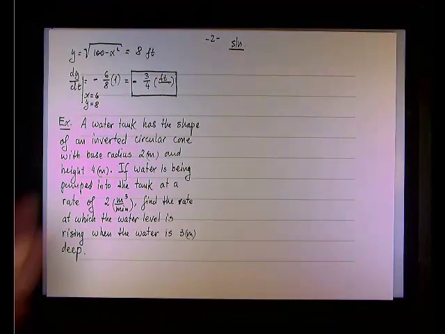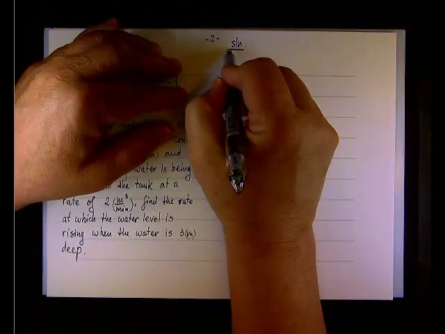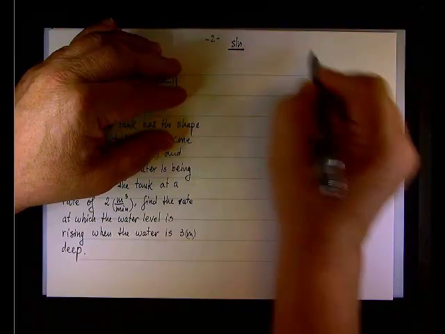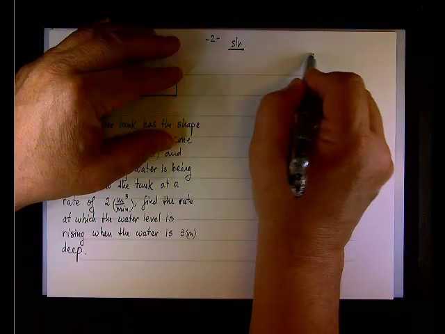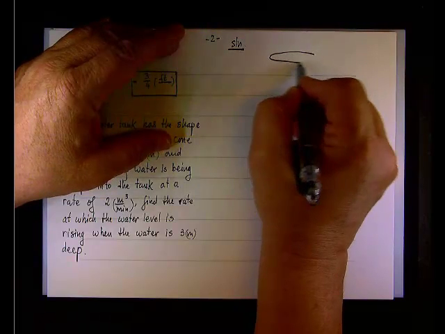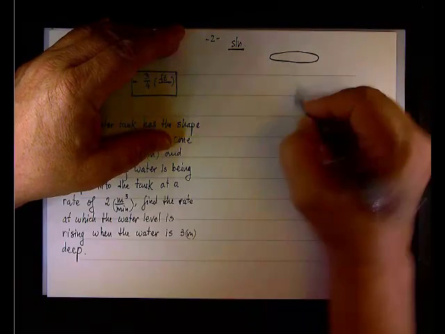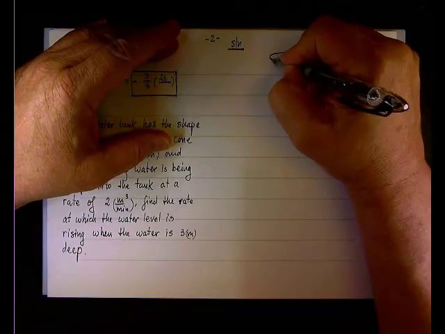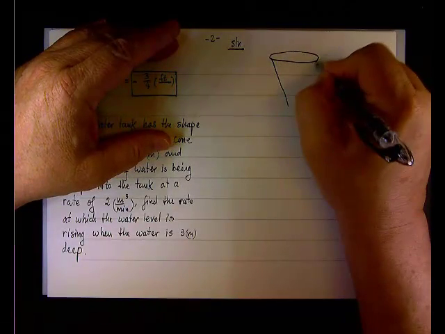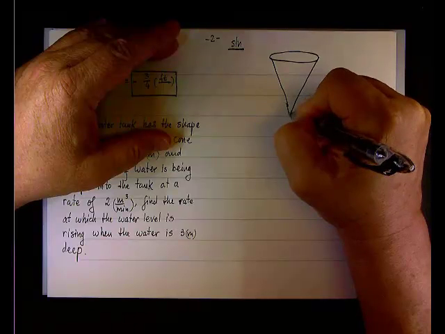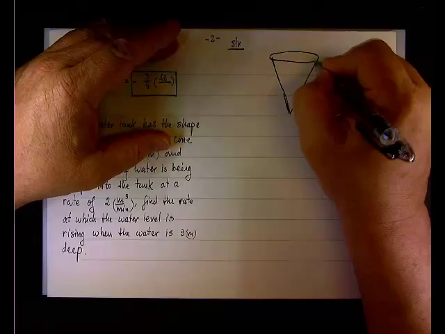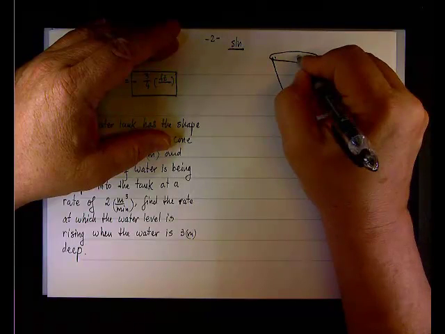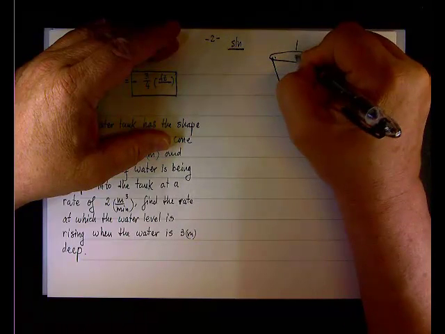So let's try to sketch the problem. So we have an inverted circular cone. In other words, the base of the cone is on top, like so. And we know the dimensions of the cone.